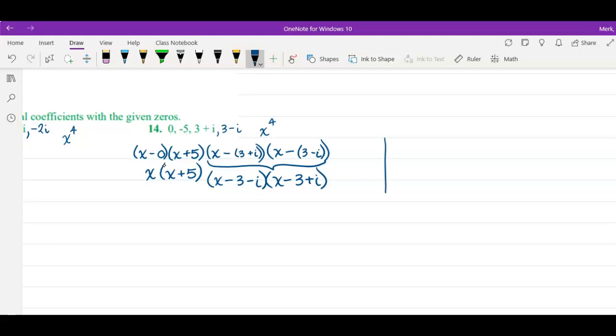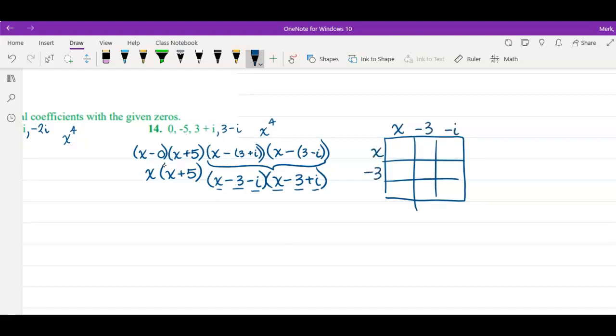I like to just do a 3 by 3 box because I think of it as a trinomial times a trinomial. So x minus 3 minus i times x minus 3 plus i.